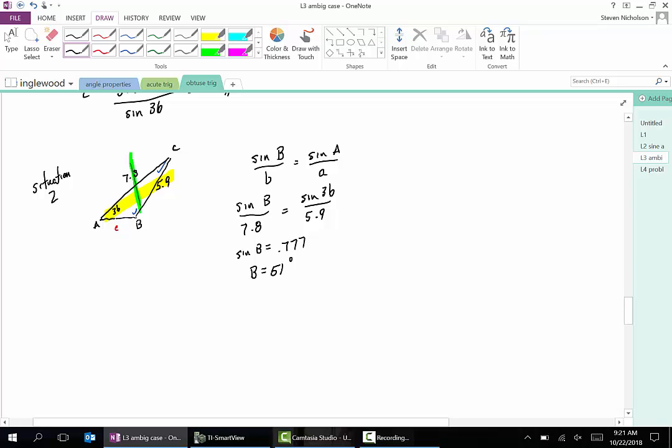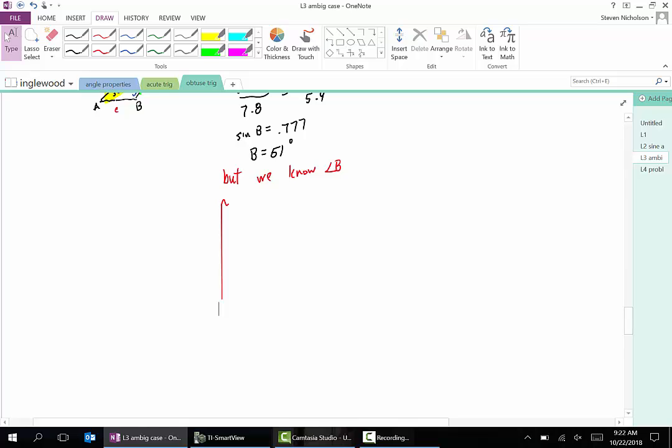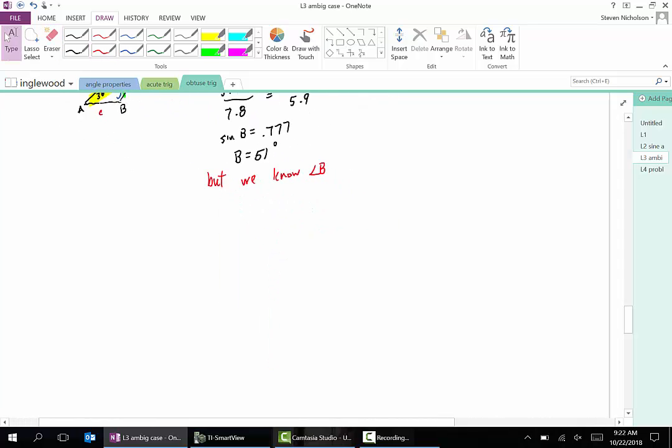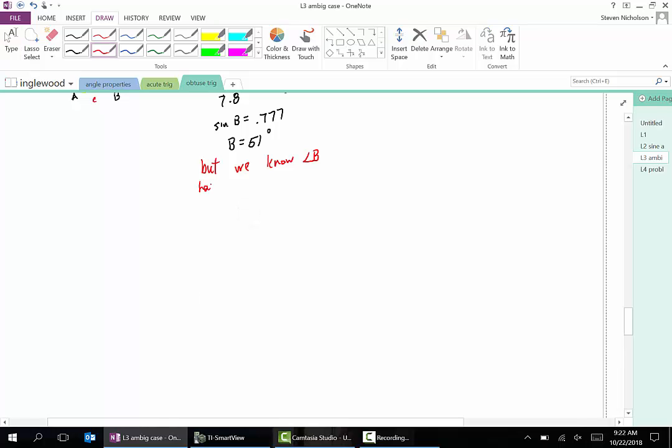But here's what we know from our picture. We know angle B has to be greater than 90 degrees. So again, angles on the line.